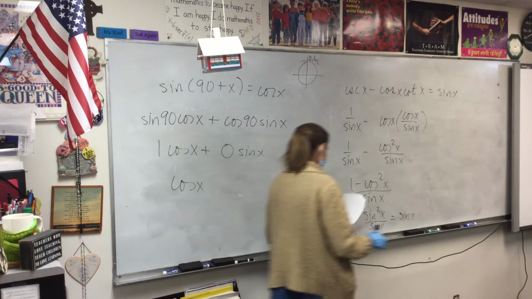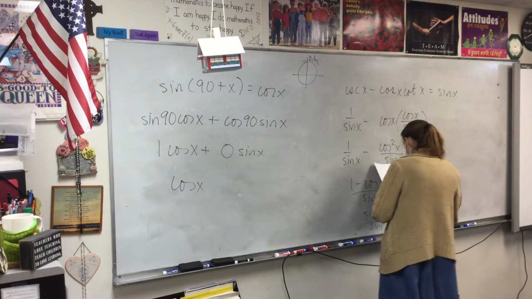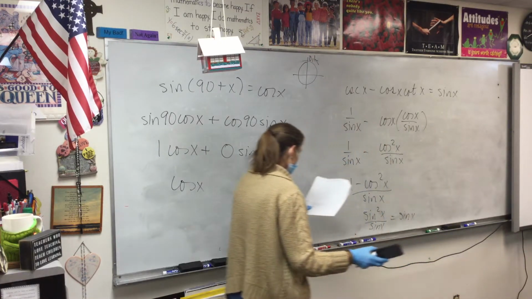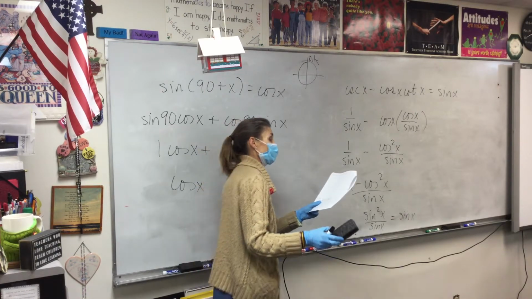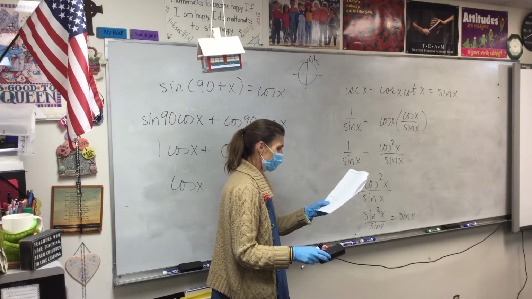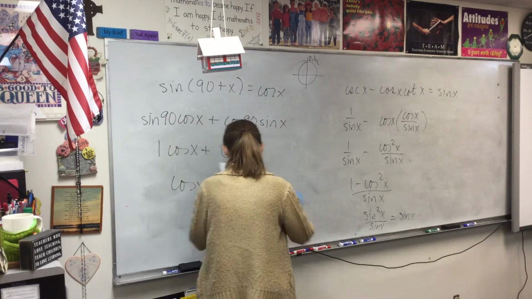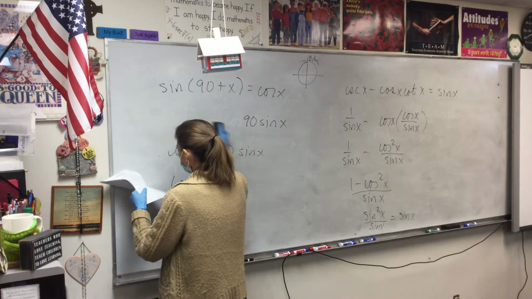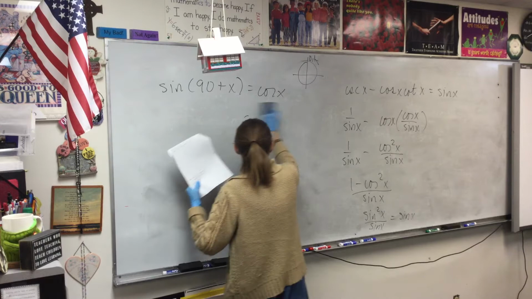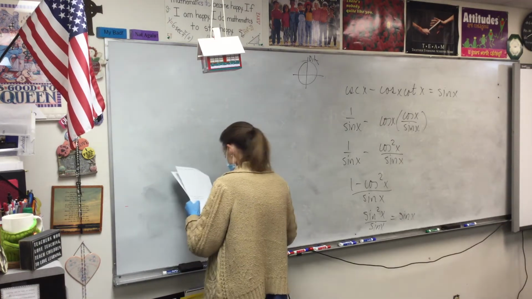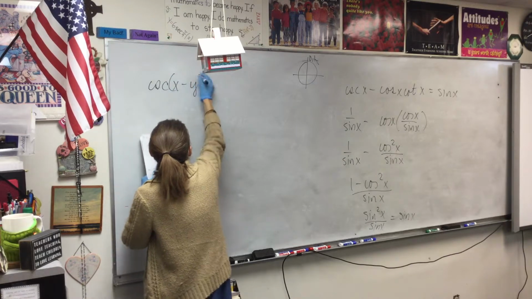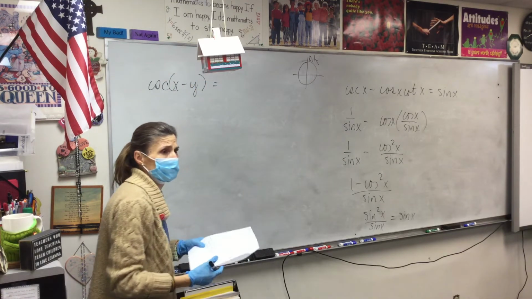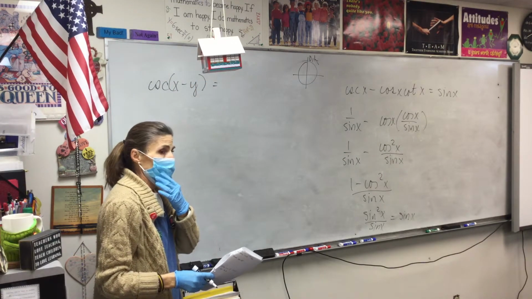And then the bonus question is one like we just did, except, oh, how are we going to do that? I don't have a formula for the cosecant of x minus y. When you find the sine, then just flip it over.